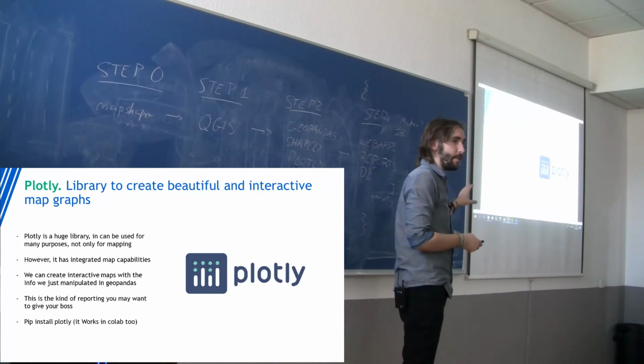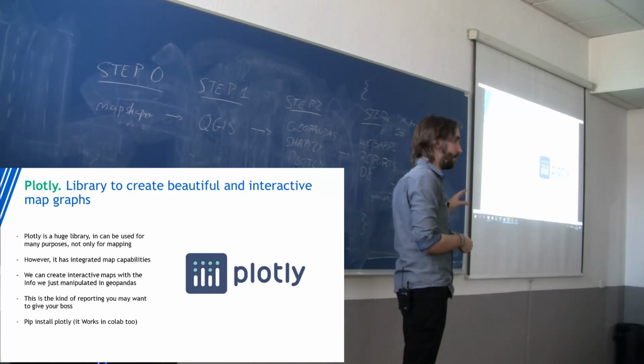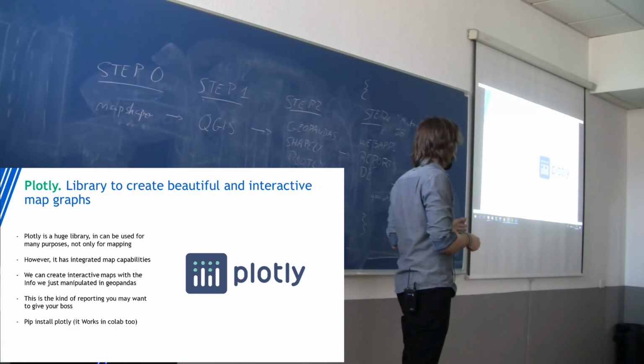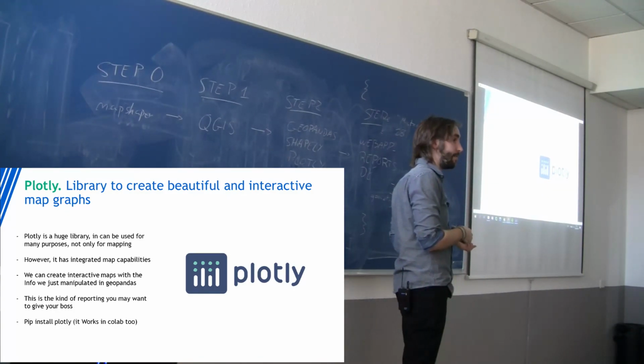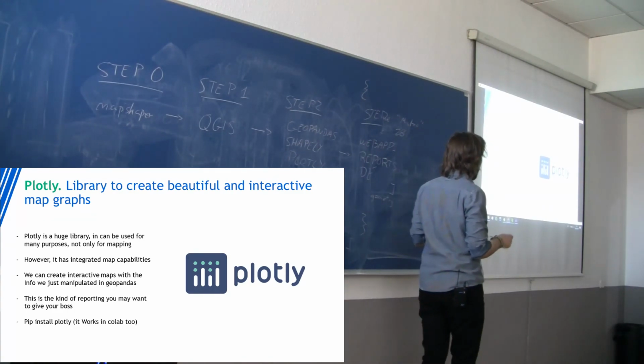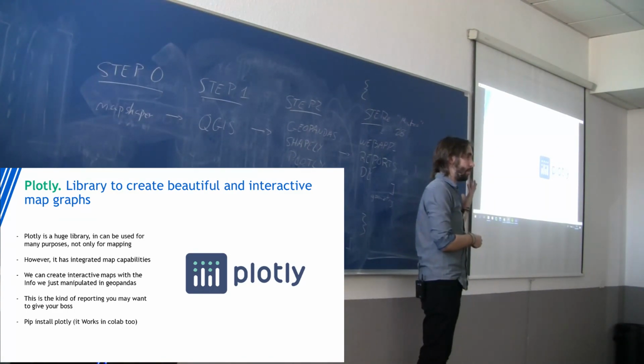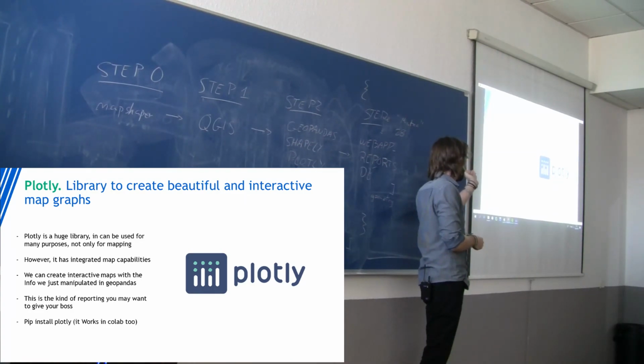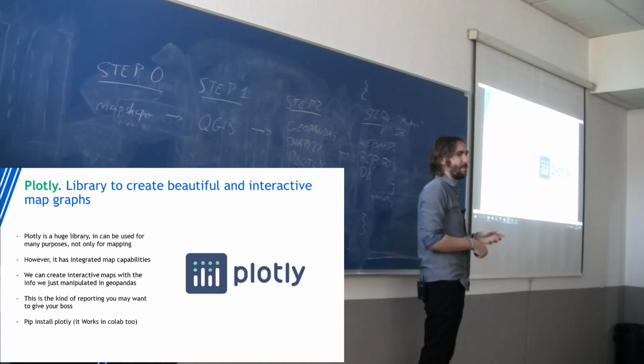There are a lot of different libraries for visualizing maps. I like Plotly because it's interactive, even though it's not meant for maps specifically. If you want to use a different one, you're free to do it. Today I'm going to show a bit of this, but I'm not going to get into much detail on this. I'm going to get into details on this and this one, because this is more up to you.